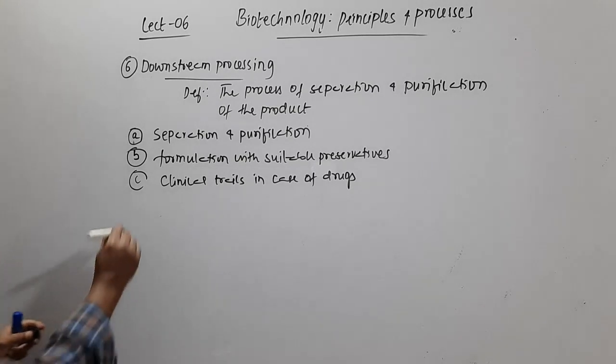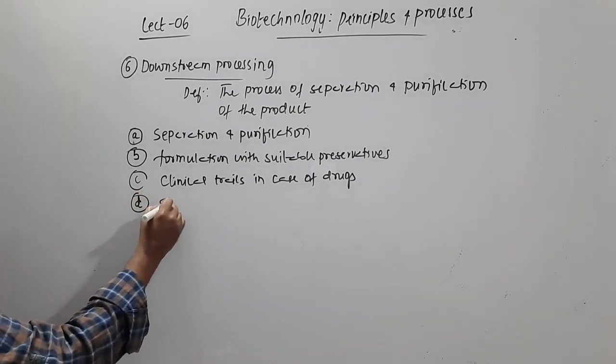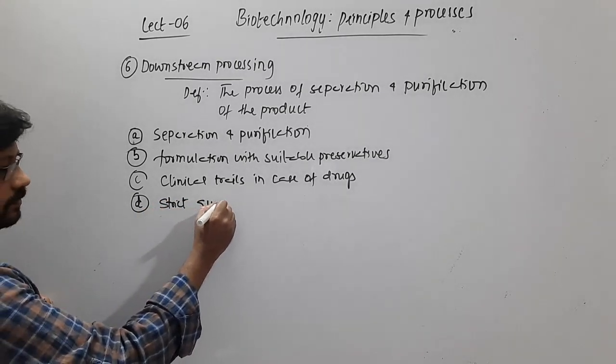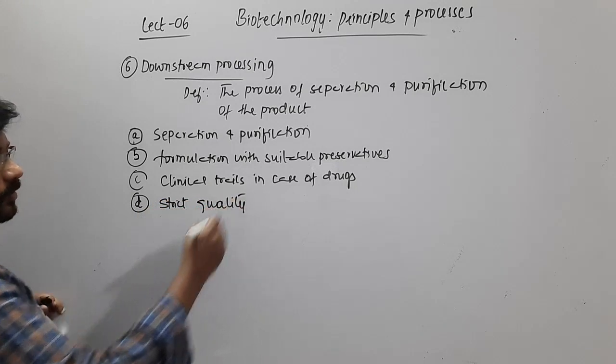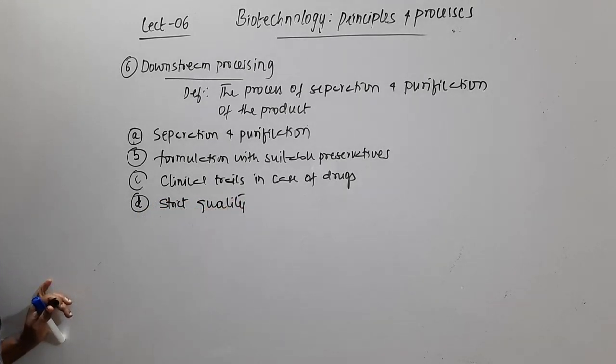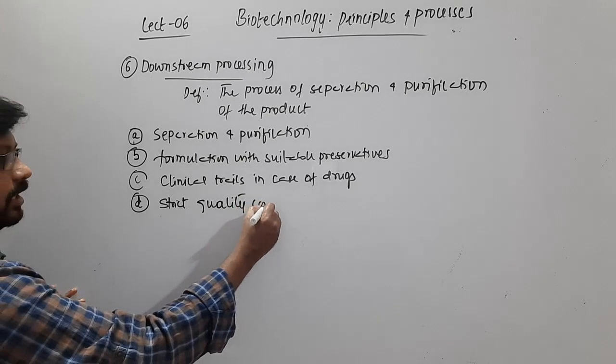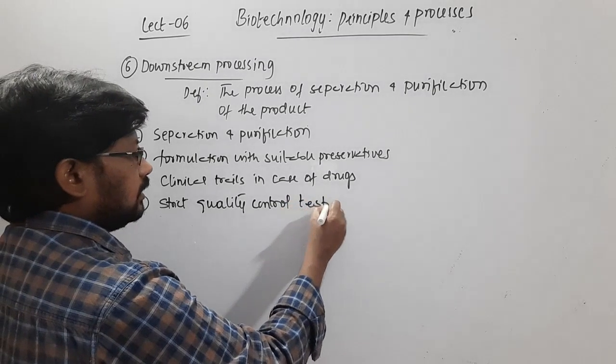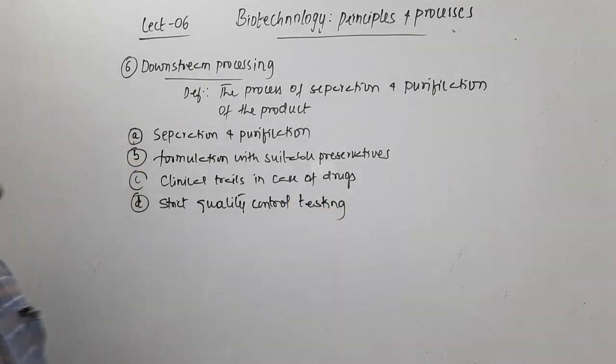And then the last one: there must be strict quality control. We need to maintain quality, so strict quality control testing should be done. These are all the steps under downstream processing.